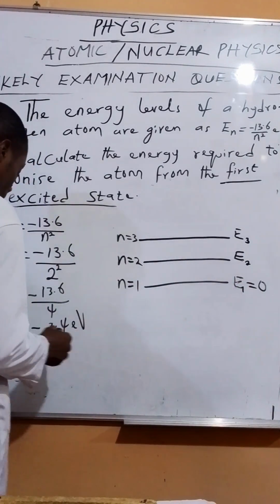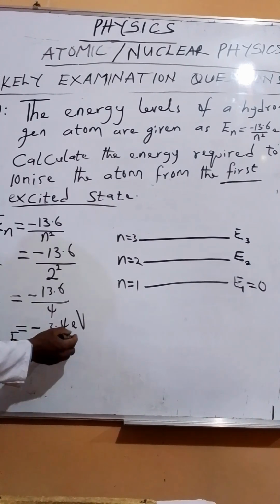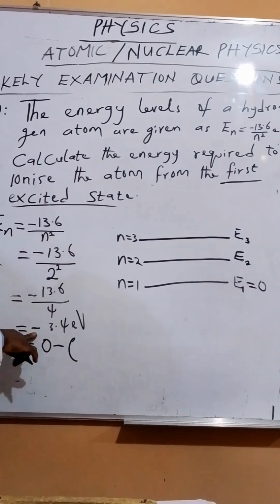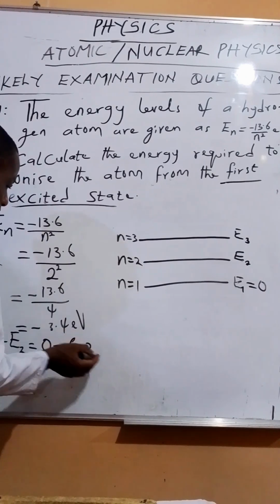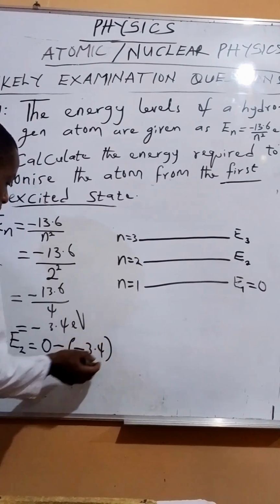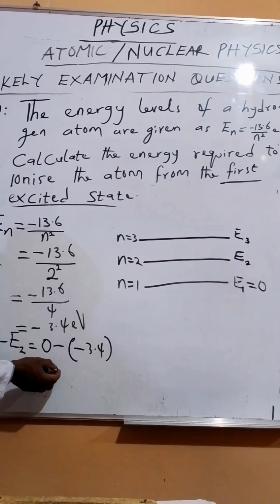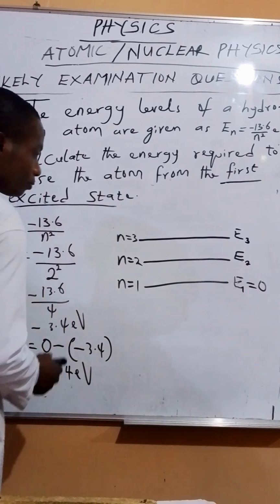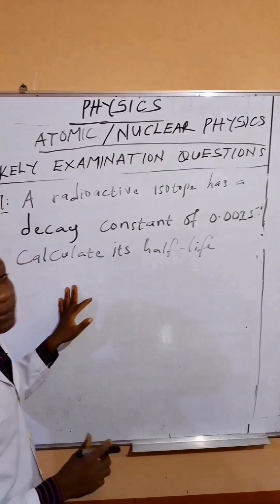Then minus, this minus here is this minus. Then open your bracket because there is another minus. So put it inside: minus 3.4. Then you end up having 3.4 electron volts.